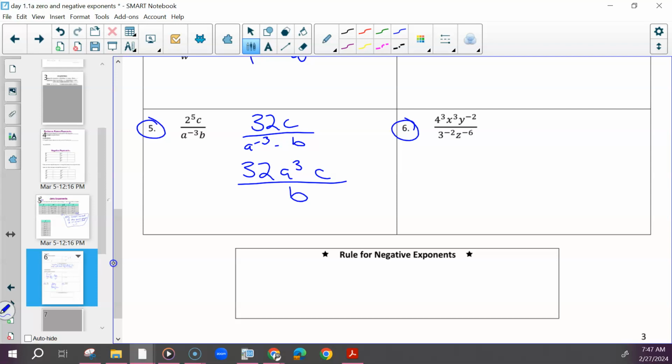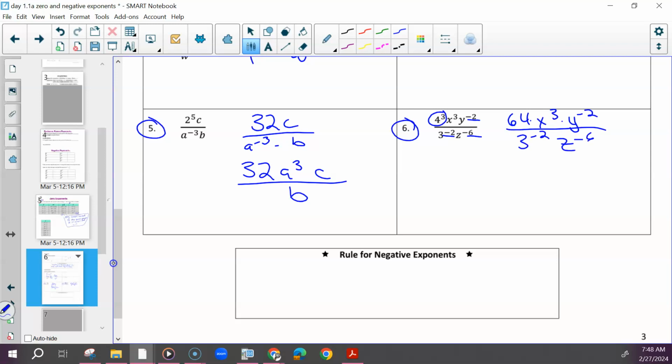Okay, let's do that with 6. So things that can be changed, we have 4 to the 3rd. We have 3 negative exponents, so all of the negative exponents are going to swap places. And we can figure out what 4 to the 3rd is. So 64. I'm going to rewrite it as is first. You don't have to do each step.